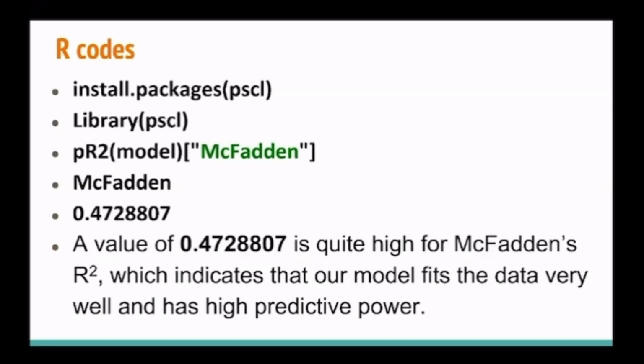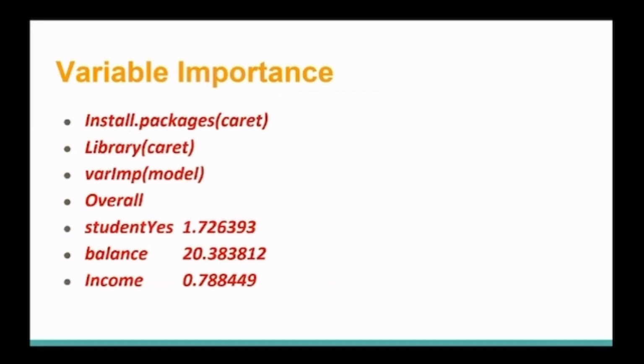Now, another thing that we do in machine learning, because this falls under machine learning, is look at the variable importance of the predictor variables that we have. How important are they? I install a package called caret and load it, and I just do varImp. You know what it's telling me?